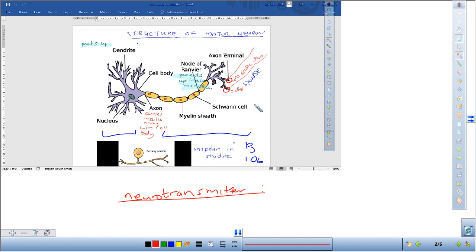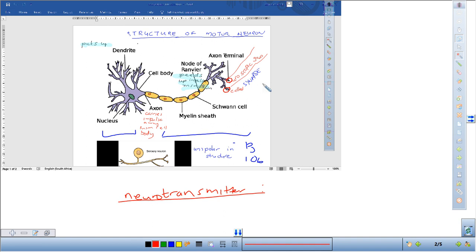So when acetylcholine is released by this motor end plate, by the end of the terminal branches of the motor neuron, or any neuron, it will cause the dendrites of the next neuron to be receptive and catch the impulse as it jumps across to the end plate, across the synapse, which is an invisible gap, onto the dendrites of the next neuron.